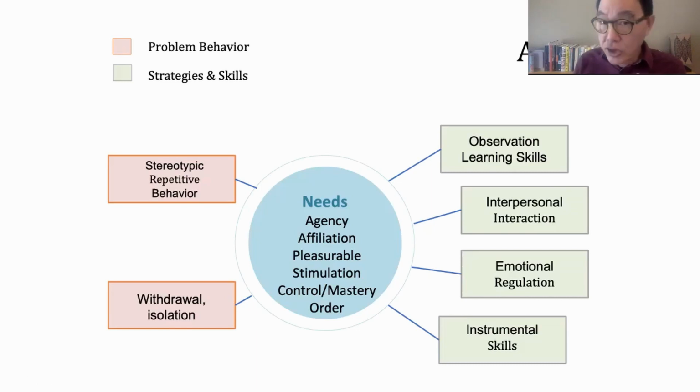The child is also using some of the behavior we see as problematic to assert their sense of agency. They may even be reaching out in a way that we do not understand, for affiliation. And then very often, they're also trying to maintain a certain sense of control and mastery over the world because they're overwhelmed.